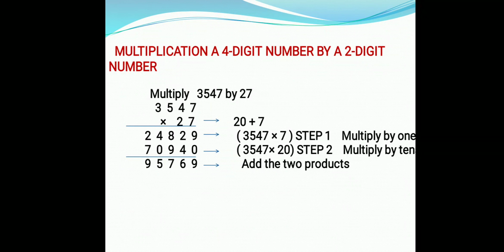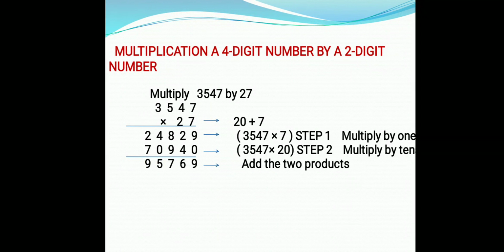The sum becomes 38. 8 should be written in hundreds column and 3 shall be carried over. 7 into 3 is equal to 21. Add 3 which was carried over. The sum becomes 24. 24 will be written in thousands and 10,000s column.